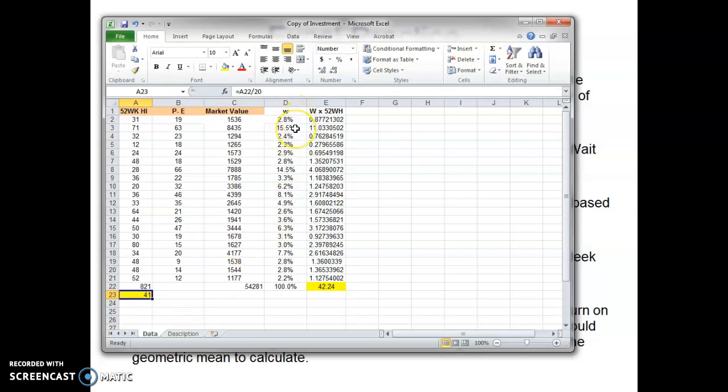It has some stock that is much higher weight, 15%, and some stock that's much lower, 2.2% for this one. So a weighted mean is more appropriate. Another way of thinking about it is, if you want to know what's actually happening in your portfolio, you would use the weighted mean.